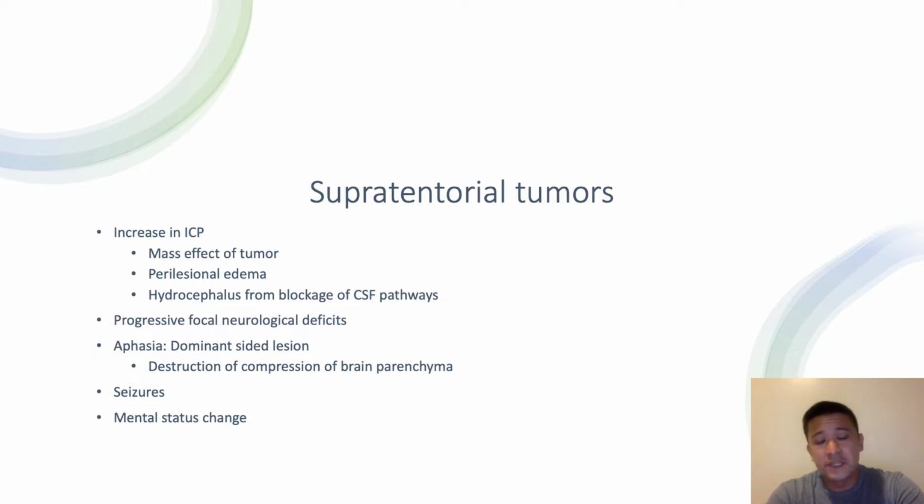And of course, tumors being cortical irritants can bring about seizures and mental status changes. So patient's inability to remember things, the patient's inability to respond adequately or properly to questions. So these are supratentorial tumors.